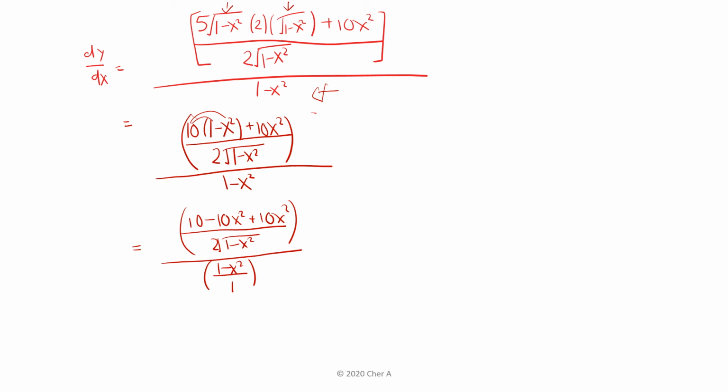If you see a fraction over a fraction, you can make use of this: a over b divided by c over d, a fraction divided by a fraction. When you simplify it, you take a and d, multiply by each other, and put it on top. You take b and c, multiply by each other, and put it below. So this is what I'm going to do now.